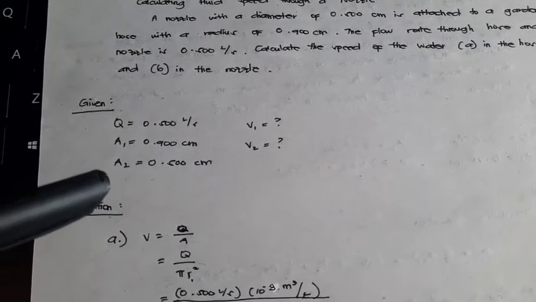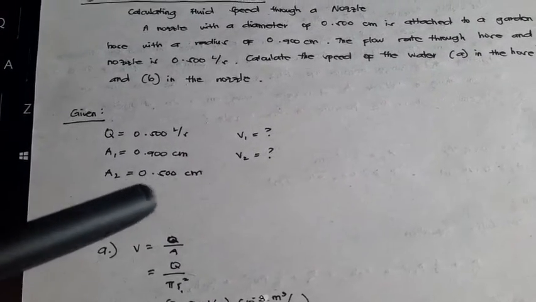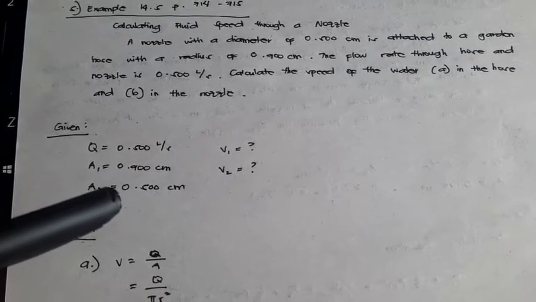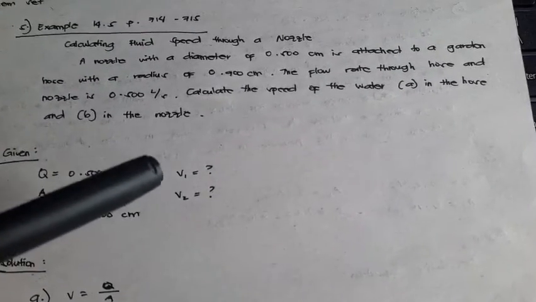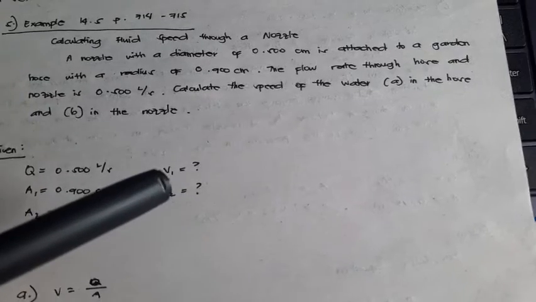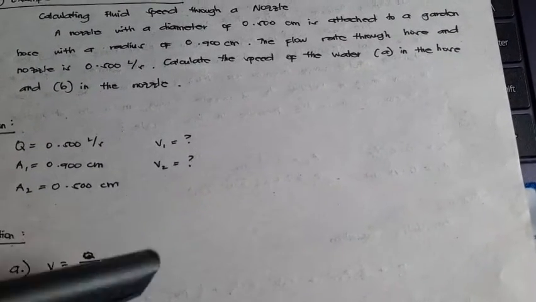Then ang atong A2, the cross-sectional area of the nozzle, in which the diameter is 0.500 cm. Dayon ang atong gipangita is the V1 or the speed of the water in the hose and the V2 or the speed of the water in the nozzle.